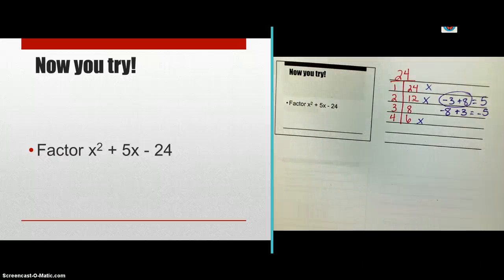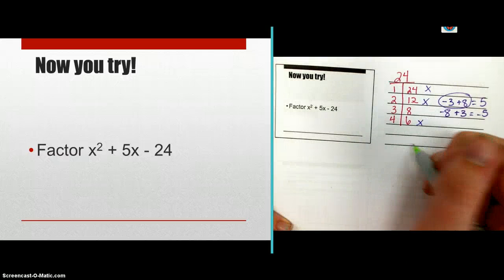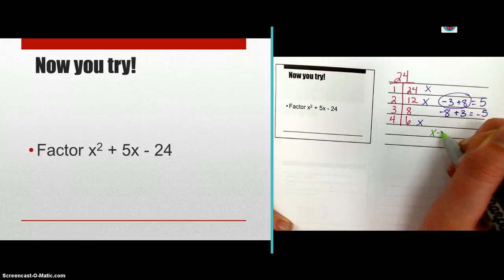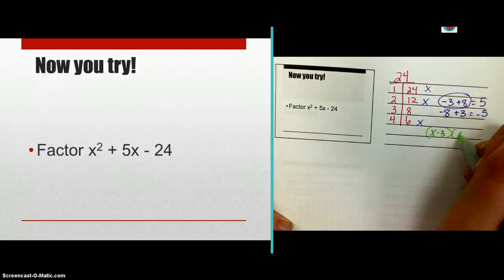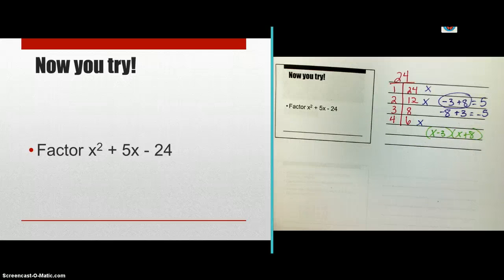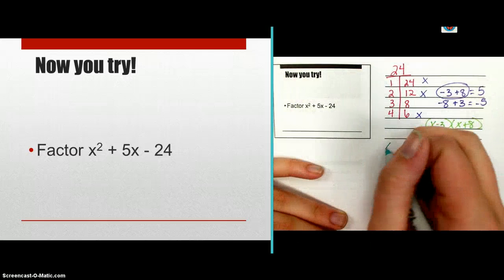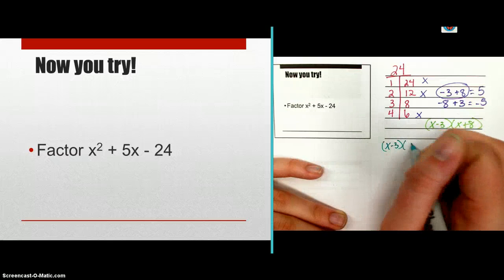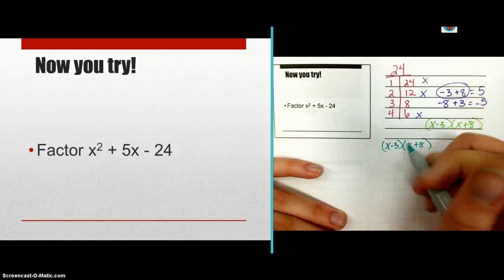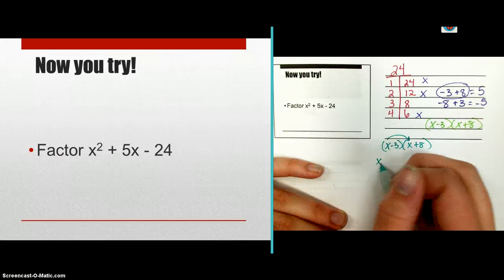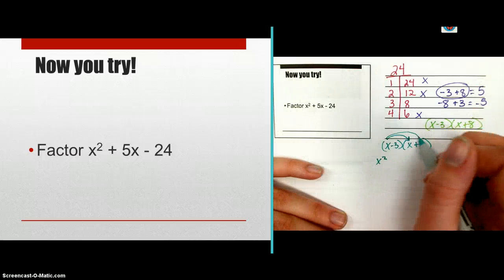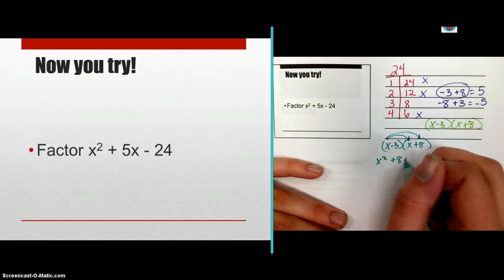So I will write my factors as x minus 3 and x plus 8. I do want to check these to make sure they're correct. So x minus 3, x plus 8. X times x gives me x squared. X times 8 gives me 8x.